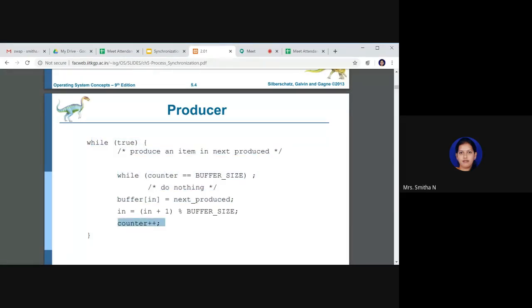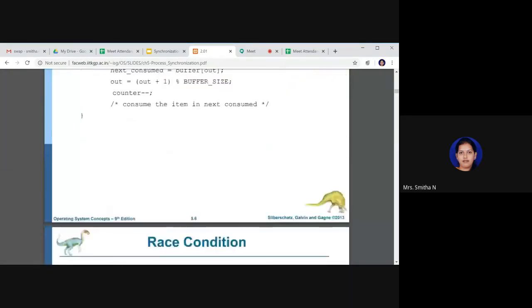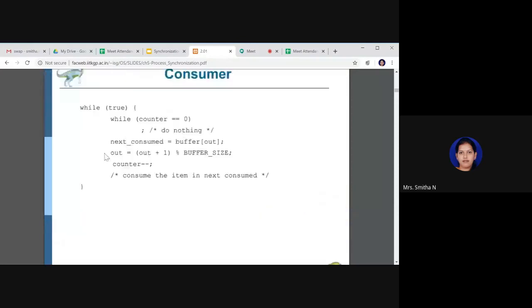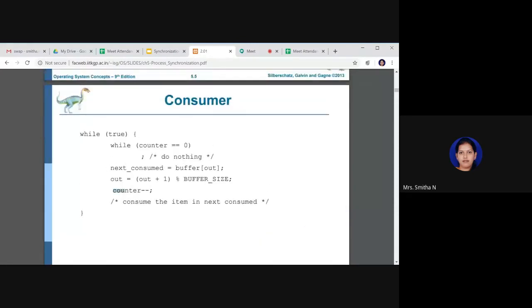Consider there is a variable called counter, which is shared by two processes, the producer process and the consumer process. When both processes try to alter this variable, in producer they are doing counter++, in consumer they are doing counter--.